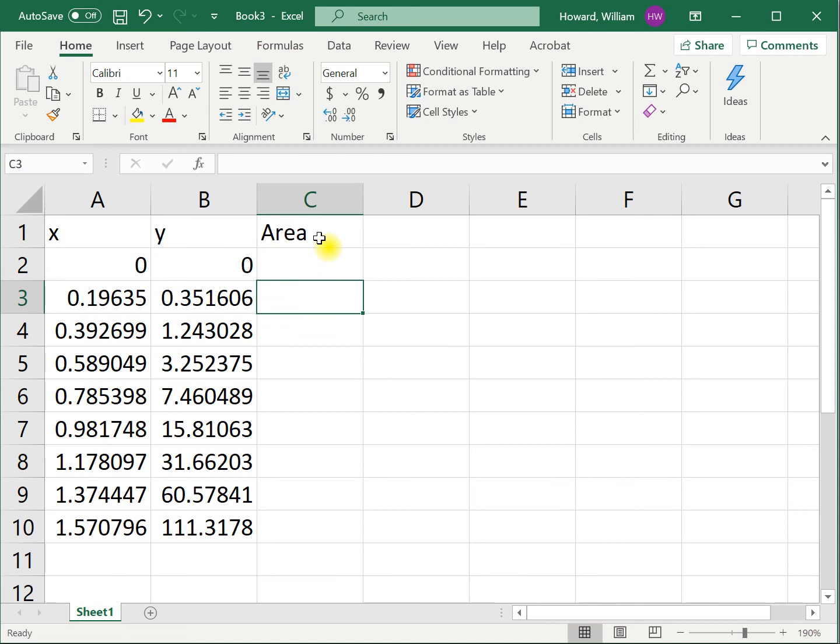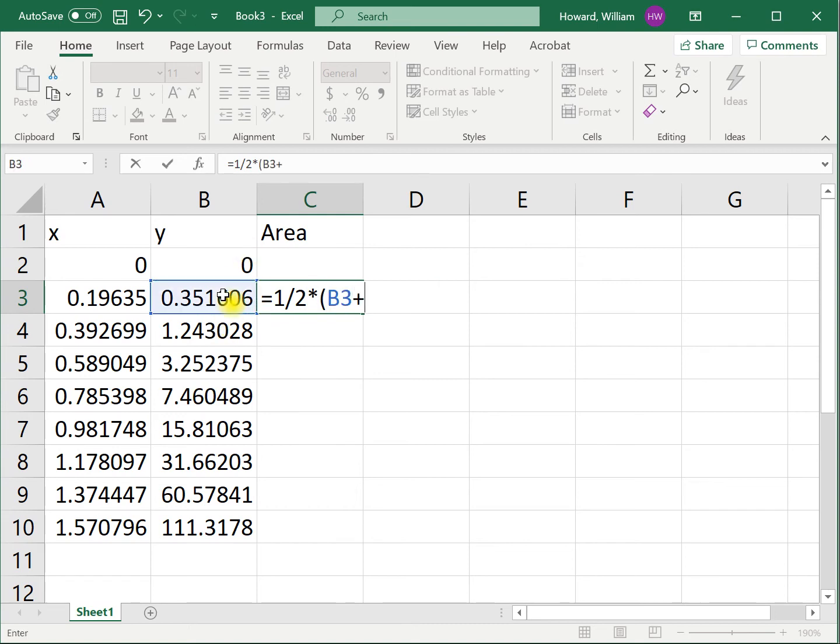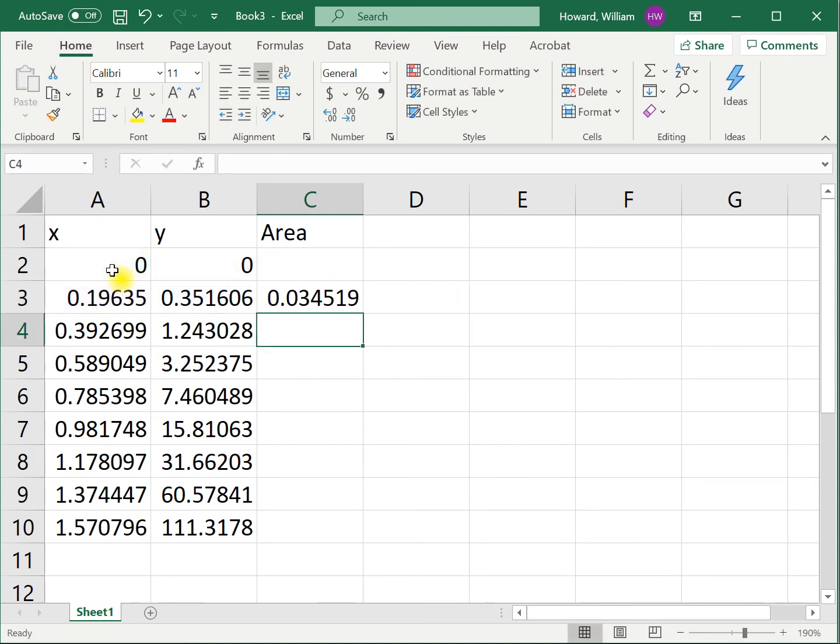So starting at the second line here, I'll average these two values, and I'll multiply it by the difference in our two x values.